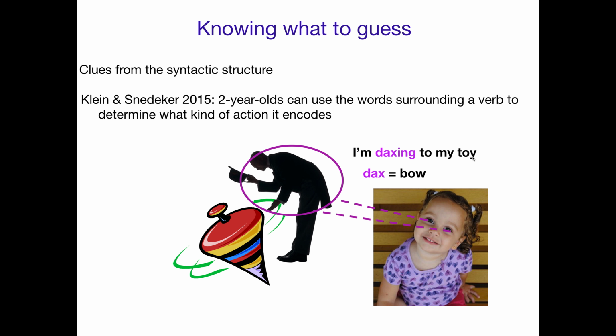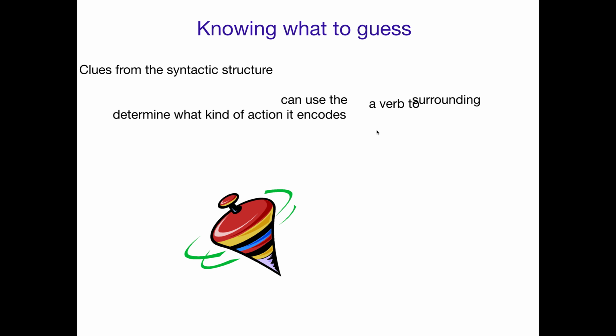Well, the blank to my toy, that's a different type of action. That's an action that's going to be some sort of directional thing happening towards the toy, which is not going to be the spinning, which is happening directly to the toy, but rather the action that's happening towards the toy, which is the bowing in this case. So very small and subtle differences in structure are detectable by 2-year-olds. And in fact, they use them again to zero in on what part of the scene this novel verb is likely to refer to.